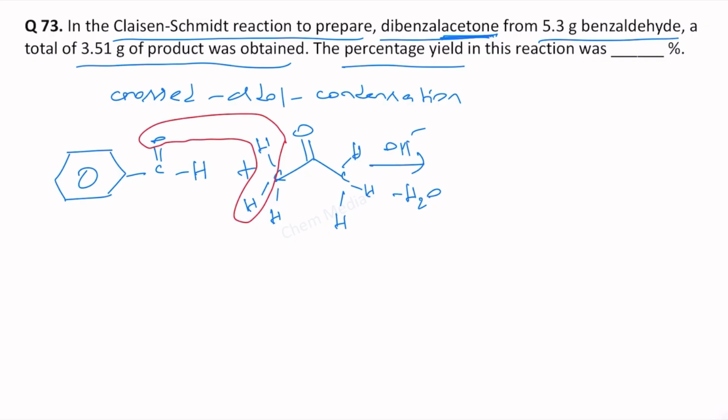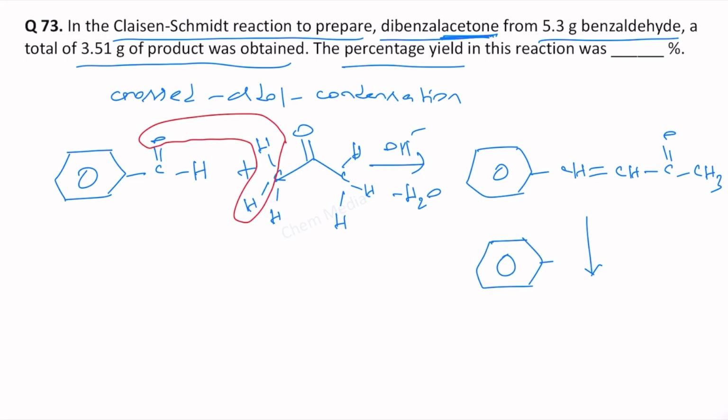So first we will have this product: CH double bond CH, and then C double bond O, and then CH3. Now we require one more mole of benzaldehyde, OH minus, and then one more water molecule will be eliminated. Then we will get the alpha, beta unsaturated carbonyl compound.